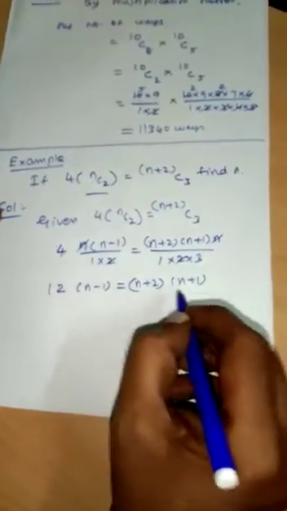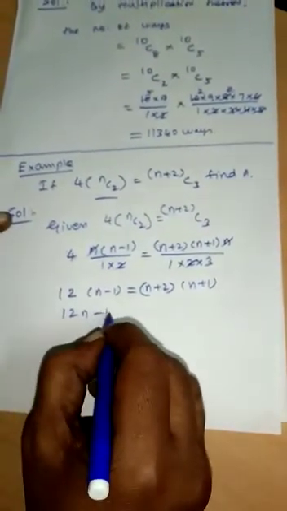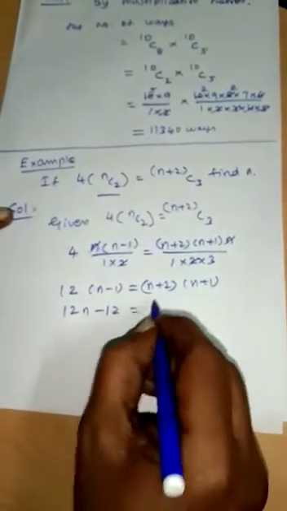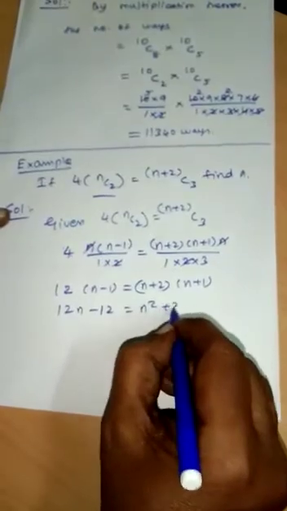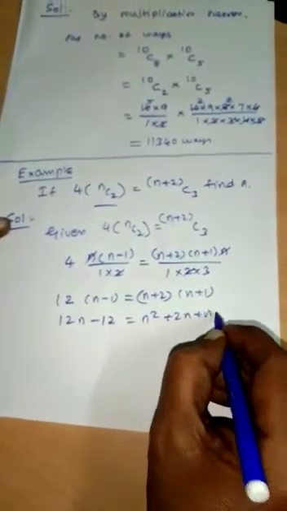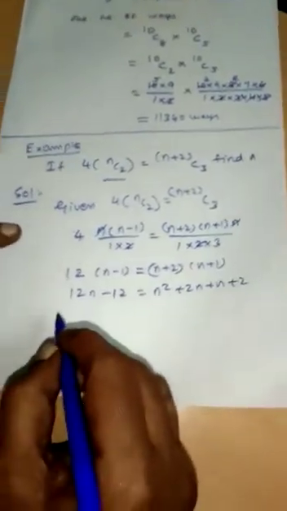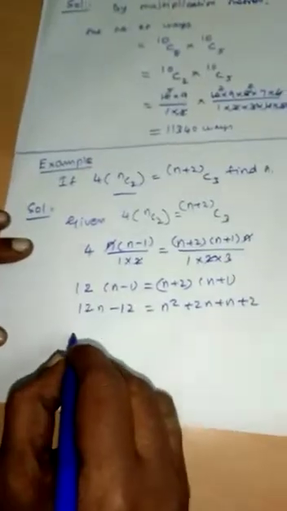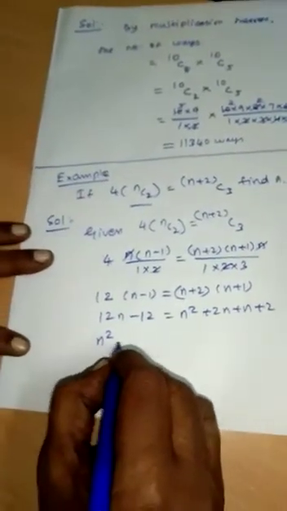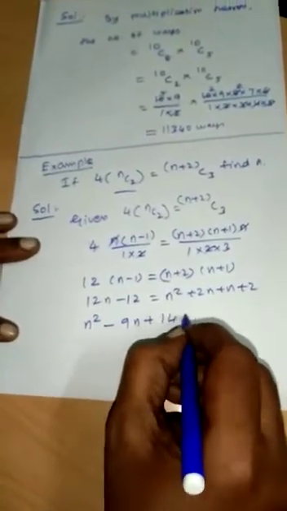When we multiply these two, we get 12n minus 12. Multiply this: n squared plus 2n plus n plus 2. Simplifying this, we get n squared minus 9n plus 14 is equal to 0.